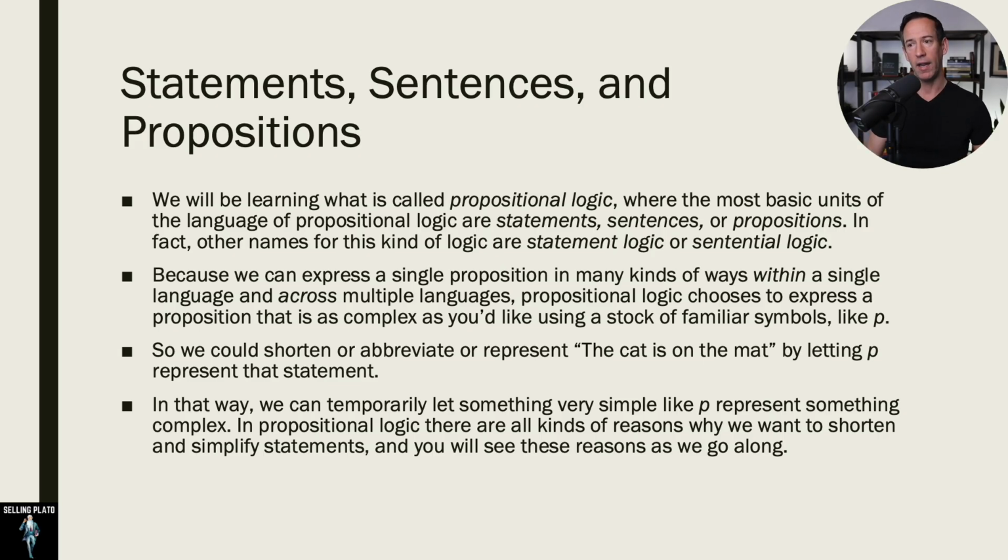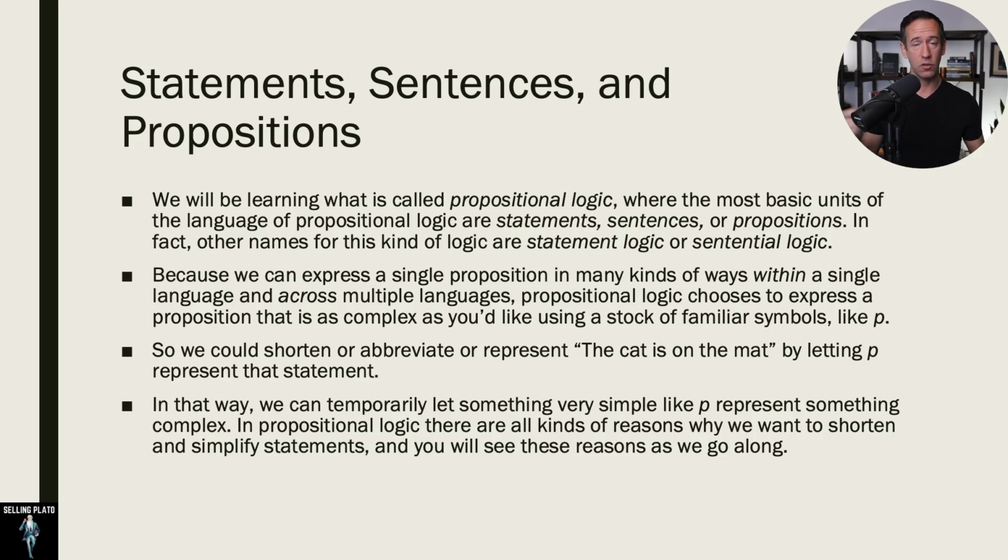So in that way, we can temporarily let something very simple, like just one letter, represent something that's very, very complex. In propositional logic, there are all kinds of reasons why we want to shorten and simplify statements, and you're going to see these reasons as we go along. Just to preview it, it's so much easier to conceptually keep track of a single letter than a very long sentence.